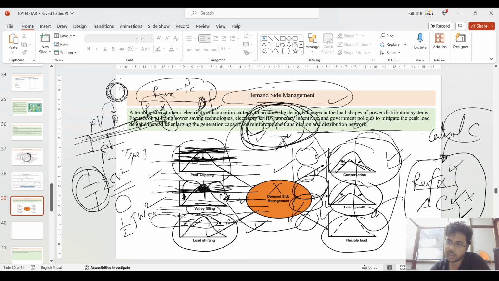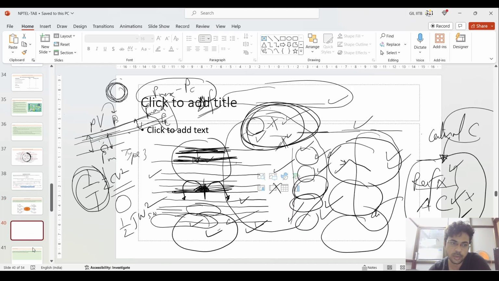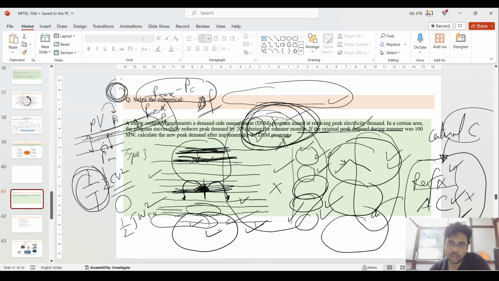In that situation you can earn money also. It is a win-win situation for both the central management system or discoms, and also for you. I will explain this in the further slides.